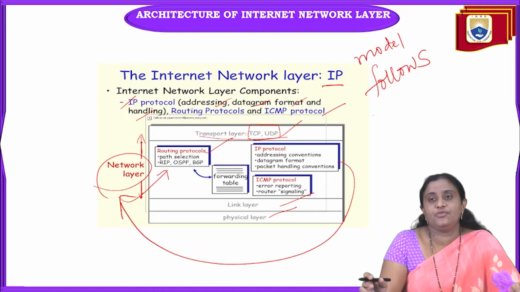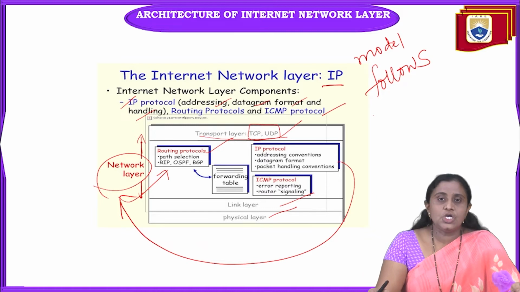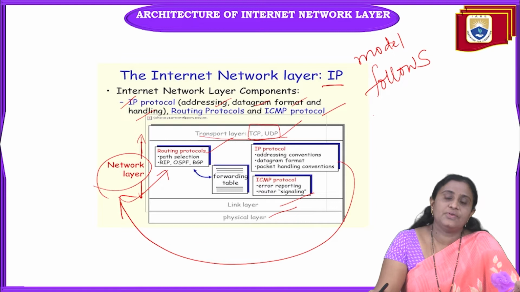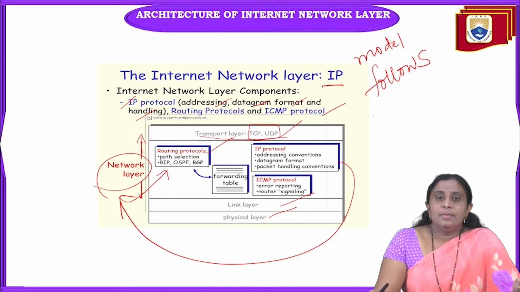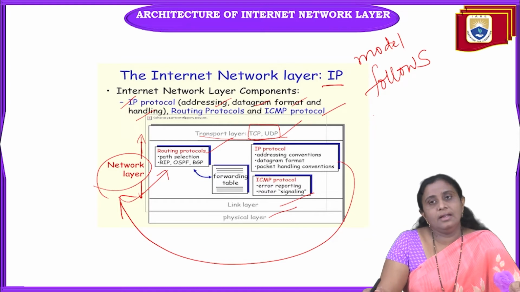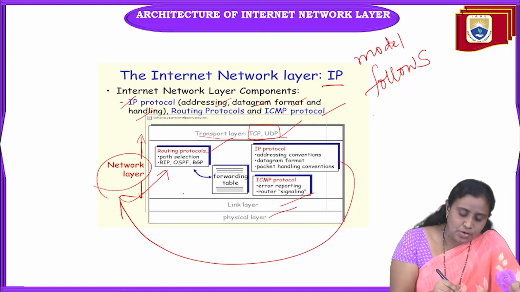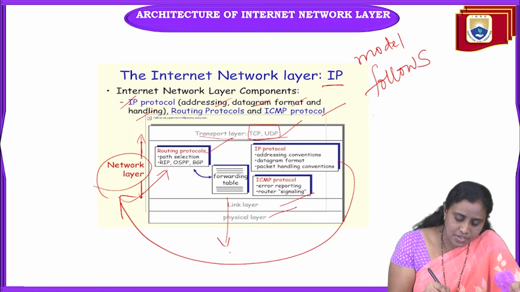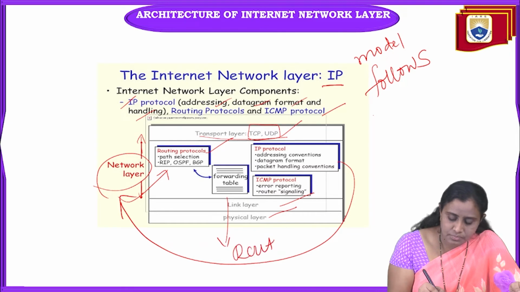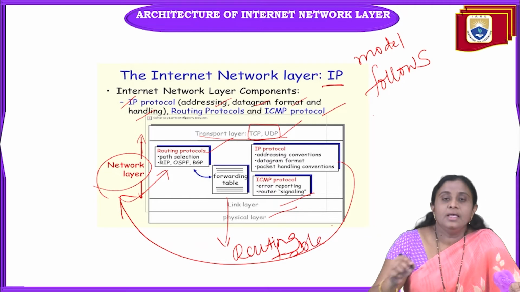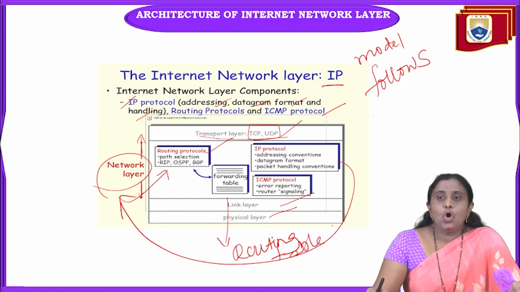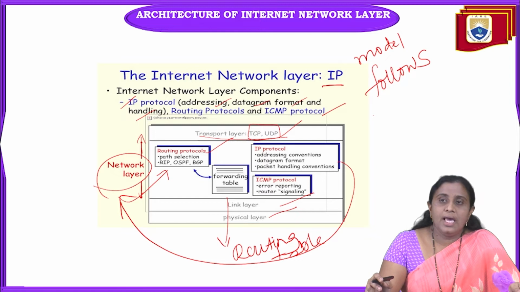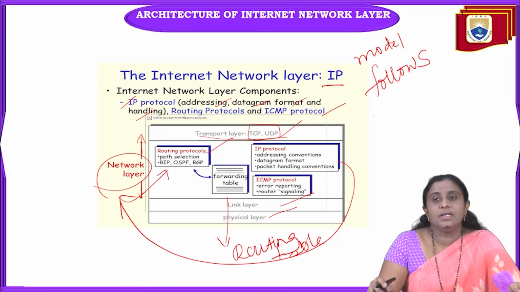The first is IPv4 and IPv6, which are meant for addressing conventions as well as datagram format, then packet handling conventions, then the forwarding table, which we can call a routing table. It also consists of the ICMP protocol, which is meant for error reporting as well as router signaling.